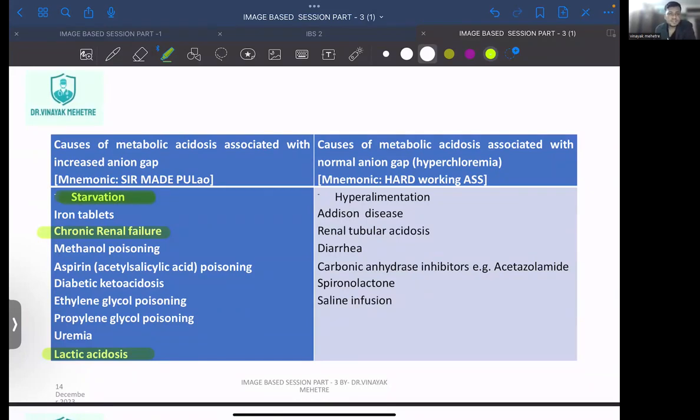Dehydration means not drinking water. Difference. Diarrhea will cause what? Normal anion gap, right? Diarrhea will lead to dehydration. So this you should know at least. Acidosis has happened, again water will go down, right?